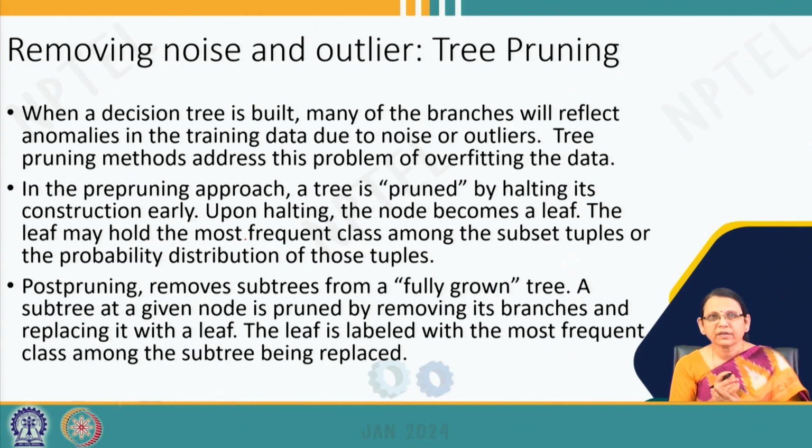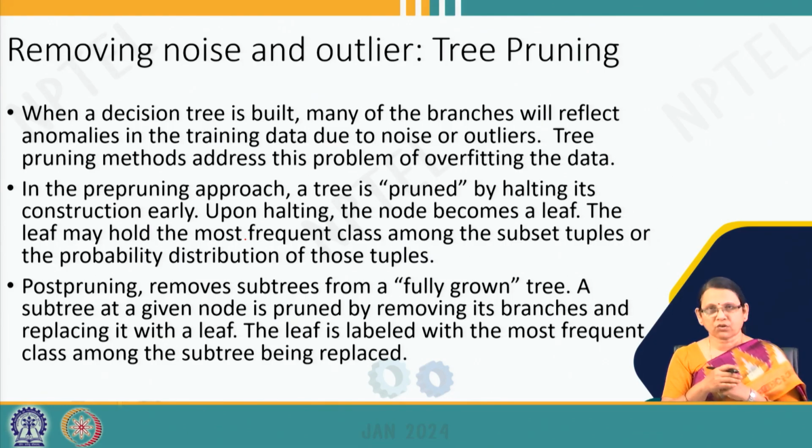So, now for removing these noises and outliers, something called tree pruning is carried out. When you build the decision tree and there are anomalies, it will actually overfit the data. It will not only fit the actual data, it will try fitting the outliers as well.